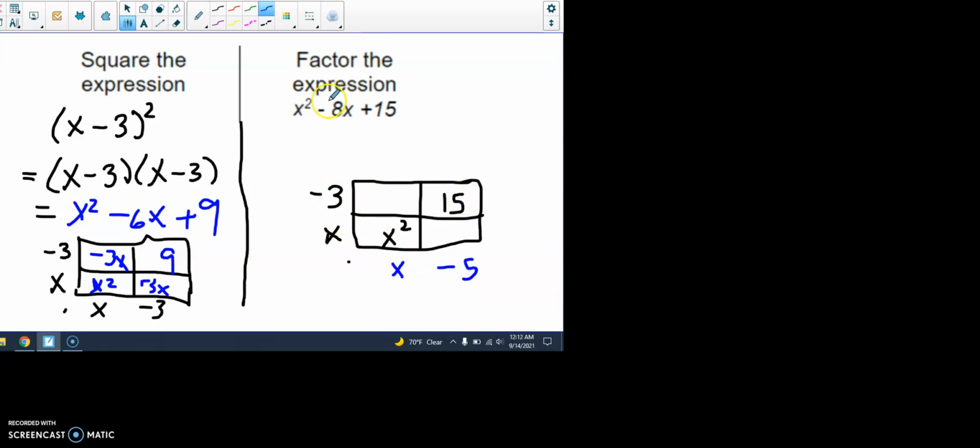To make sure I get the right middle term of -8x, -3 times x is -3x, and x times -5 is -5x. So the two factors would be x minus 3 and the other one would be x minus 5.